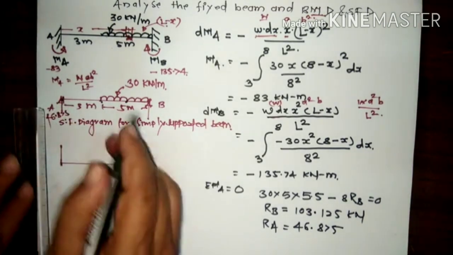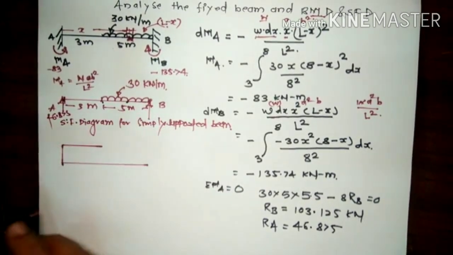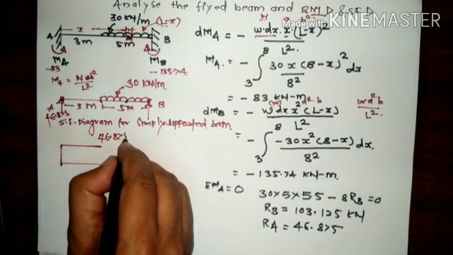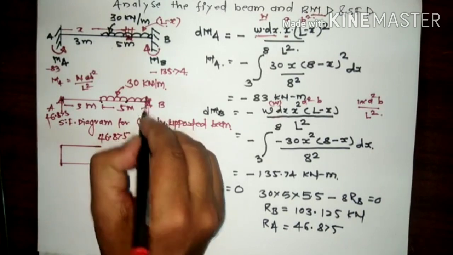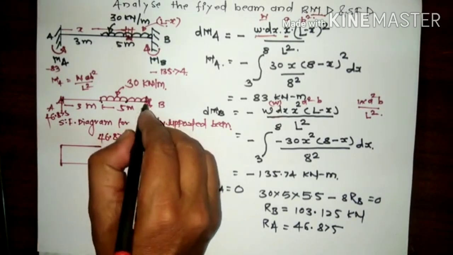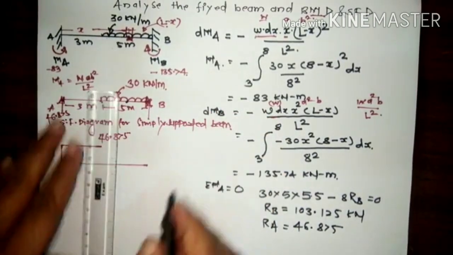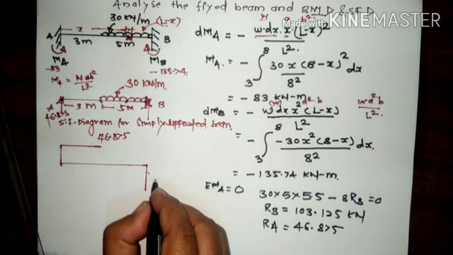Up to this point it is a constant, 46.875. And now, what is the shear force at the left of RB? It is 103. From the right side, upward force is negative, so that is minus, and this value is 103.125.